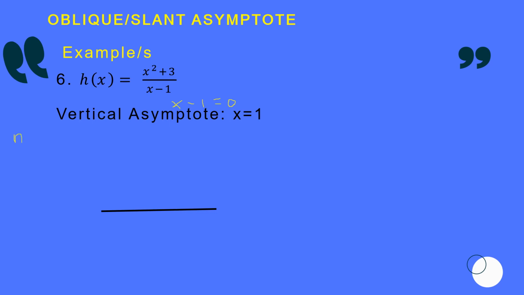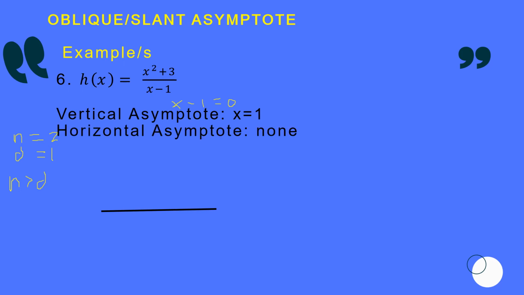Sa degree of the n is equal to 2. And then, degree of our denominator, the d, is equal to 1. If you can still remember yung case number 3, which is n is greater than d, applicable siya dito. Kapag ganyan daw, there is no horizontal asymptote.